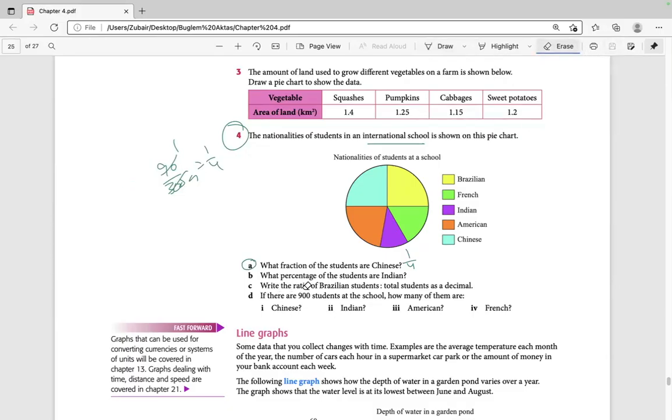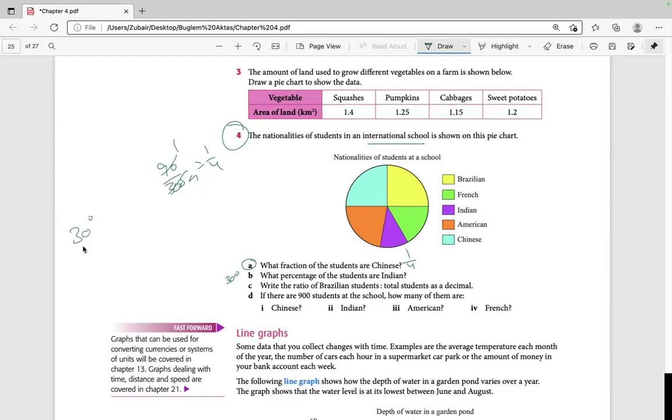Part B says, what percentage of students are Indian? Now Indians are in this purple color. Just make a guess. What do you think this is? 1/8 maybe? Can you make that guess in degrees? I think that's between 25 and 30 somewhere. For ease, can we take 30 degrees? Okay. So what percentage of students are Indian?